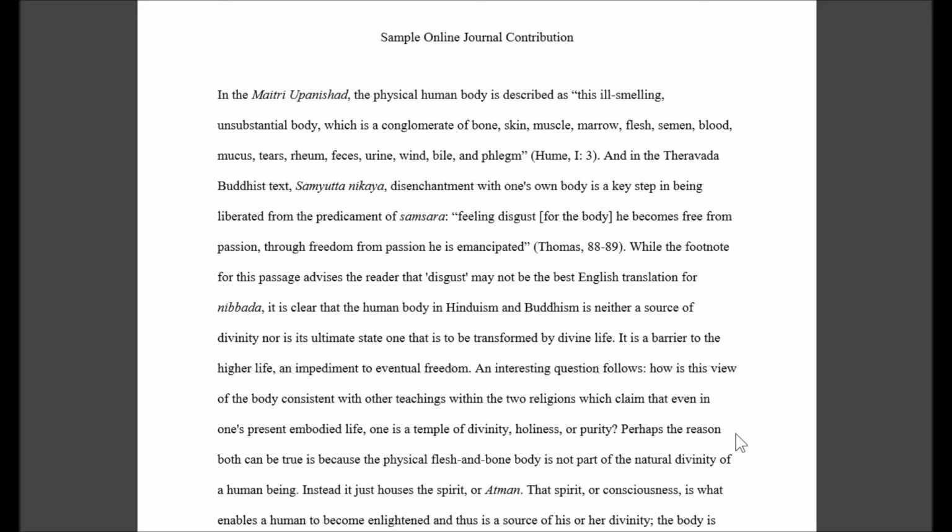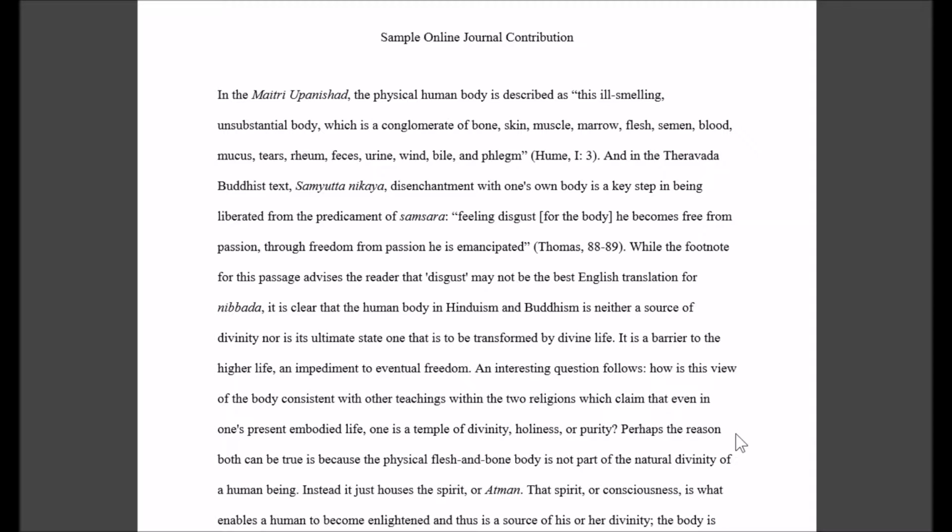There's another question. "How is this view of the body consistent with other teachings within the two religions, which claim that even in one's present embodied life, one is a temple of divinity, holiness, or purity?" Another thing that's impressive about that is it's a way of taking my original prompt and recasting it, revising it, and making it focus on a more specific topic.